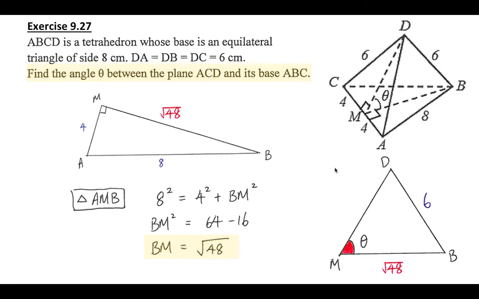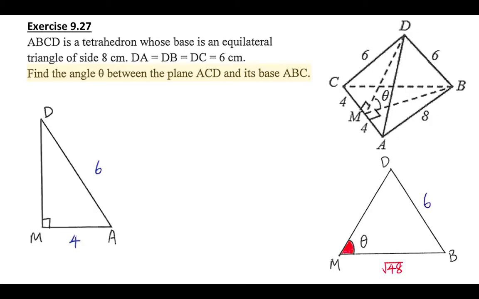Next, we're going to look at another triangle, and this time we are looking for MD. So we're going to look at this triangle AMD. This is the triangle from the original diagram, AMD. I'm going to redraw this on the space on the left. So this is the triangle AMD. Putting in all the dimensions that I know, AM is 4, and AD is 6 cm.